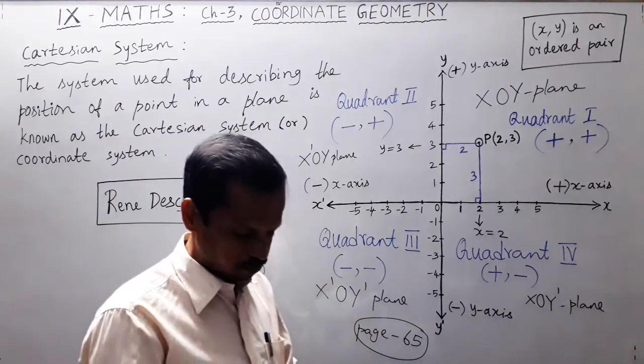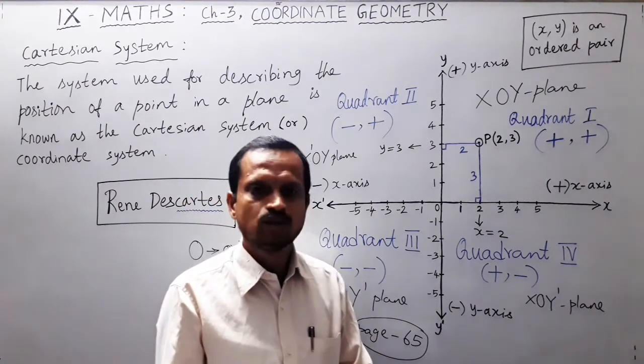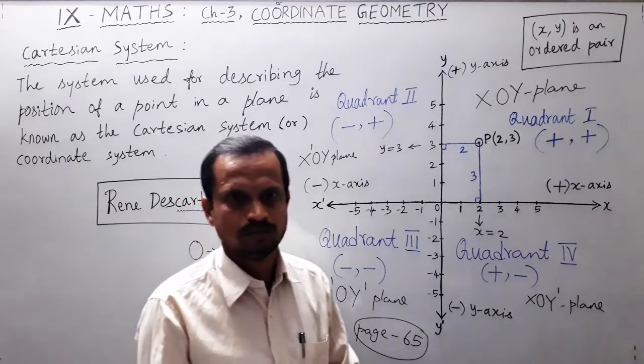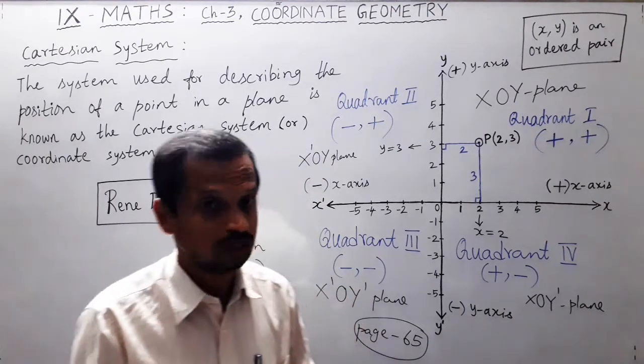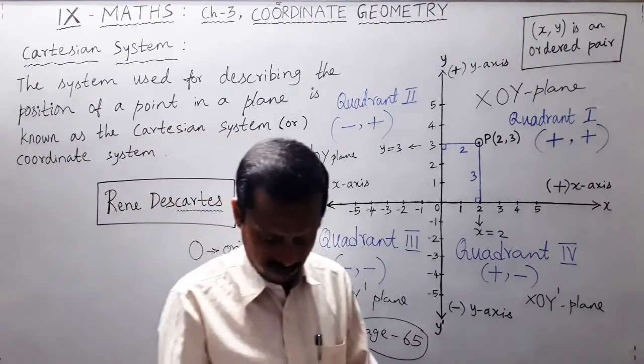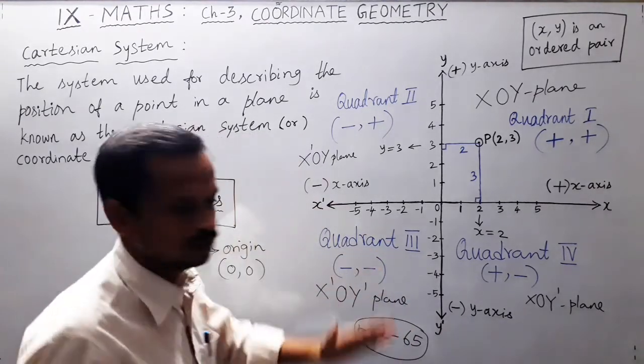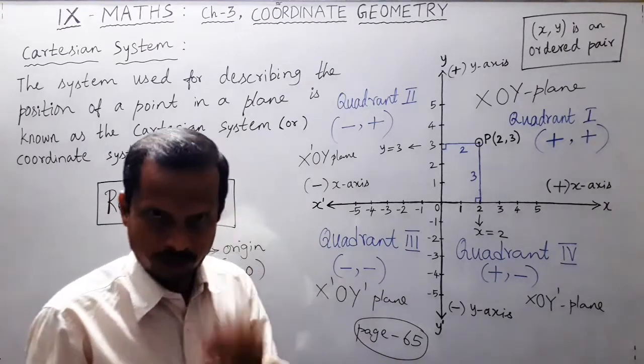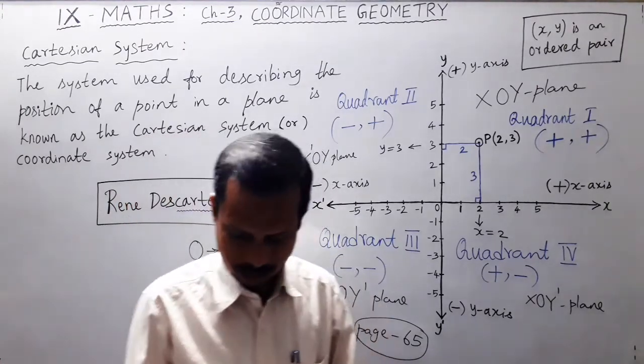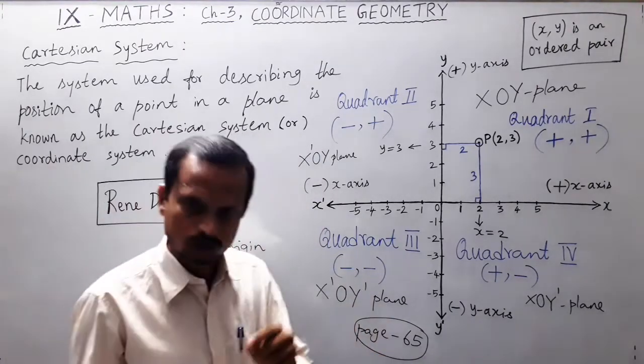And the next point, point number 2: the plane is called the Cartesian plane. Have you all got your books? That's very important, because we can't write everything here. We can explain everything, but the points you have to take from your book, page number 65. So please buy it.